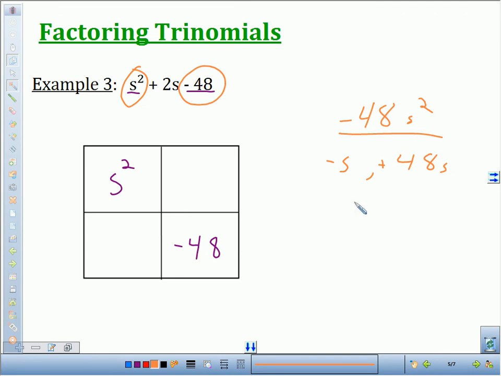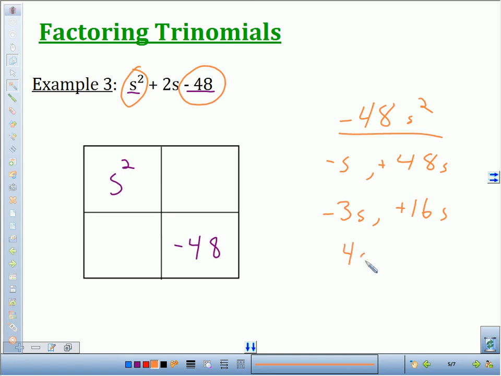We also have 3s and 16s. If we have negative 16 and positive 3, that would be negative 13. If we had positive 16 and negative 3, that would be positive 13. That's not going to work because we need 2.